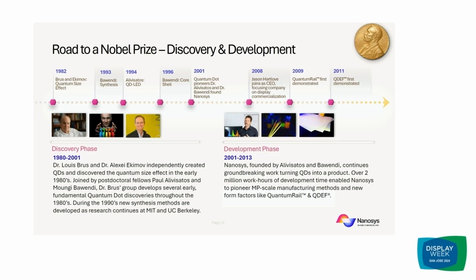In the discovery phase, there was heavy emphasis placed on expanding the chemical synthetic methods to actually make these materials. Some of the individual work that I was describing that happened in Louis Brus's labs took place also with postdoctoral fellows Paul Alivisatos and Moungi Bawendi. Both of these scientists then spun out and created their own research labs as they started their academic careers as professors, Paul Alivisatos at UC Berkeley and Moungi Bawendi at MIT.